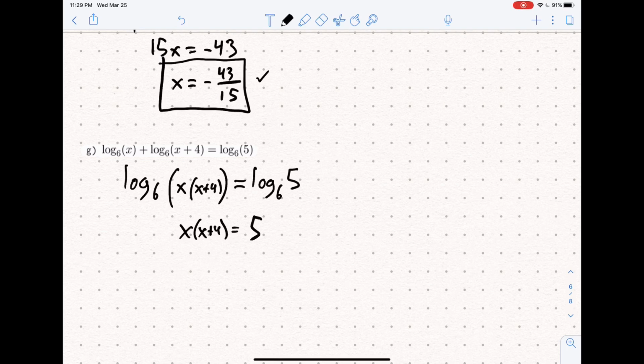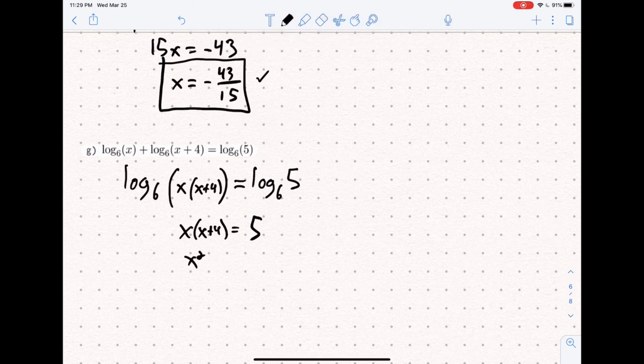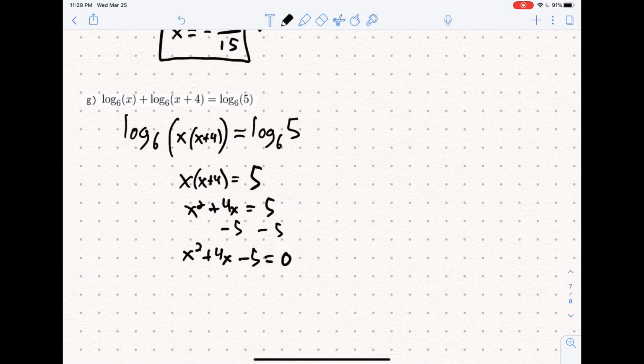And now this one we can solve by first distributing the x. This is x squared plus 4x is equal to 5. I'm going to subtract 5 on both sides here, so we have x squared plus 4x minus 5 is equal to 0. This is a quadratic, and we could use the quadratic formula, but I think that we can factor it.